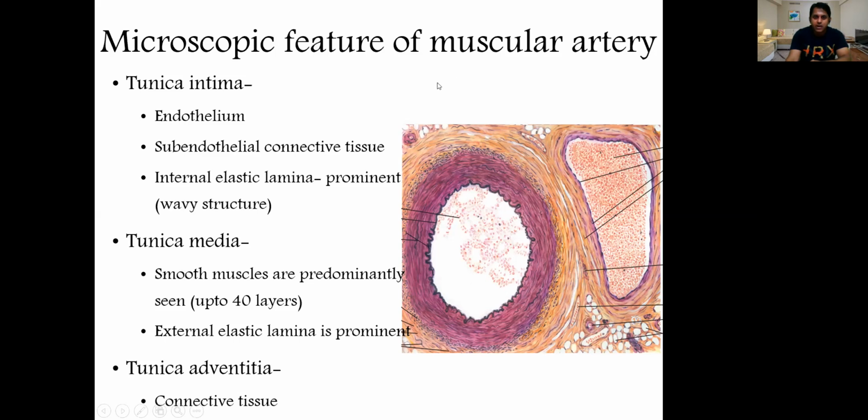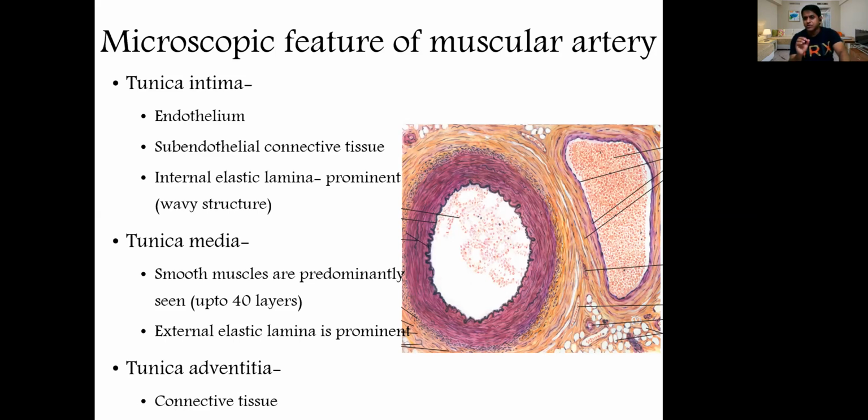The muscular artery has the tunica intima, media, and adventitia. The features in the tunica intima are again the endothelium and subendothelial connective tissue. The prominent feature is the internal elastic lamina, which is wavy.